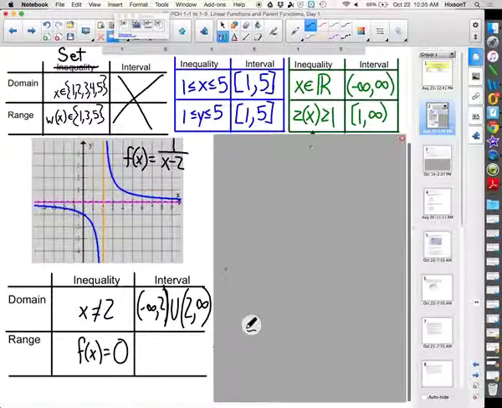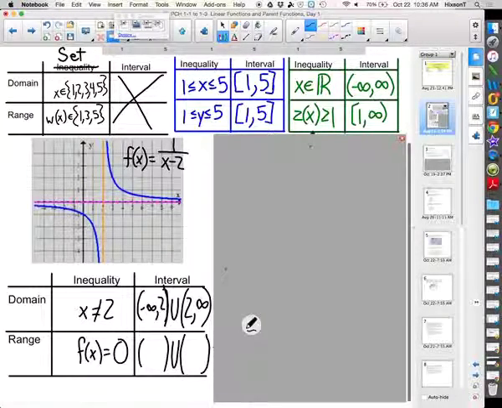Now, take a moment and try to write the range as an interval. It's going to be a similar concept, but it looks very similar.